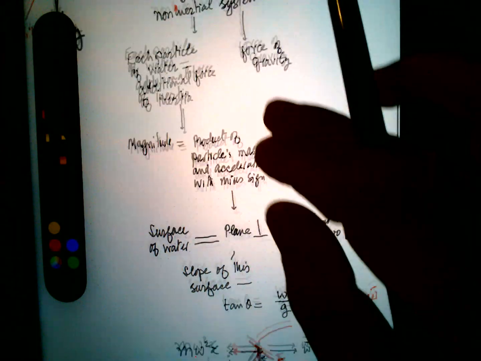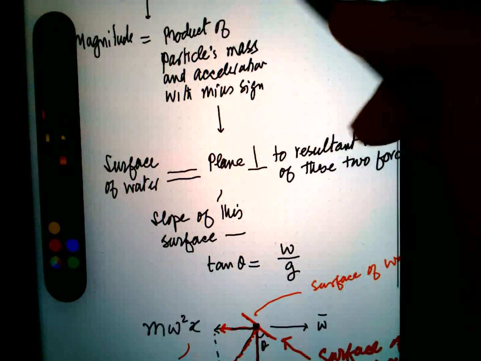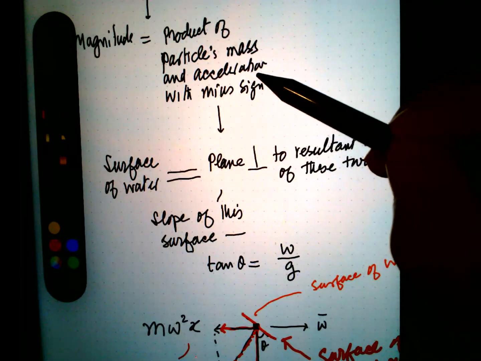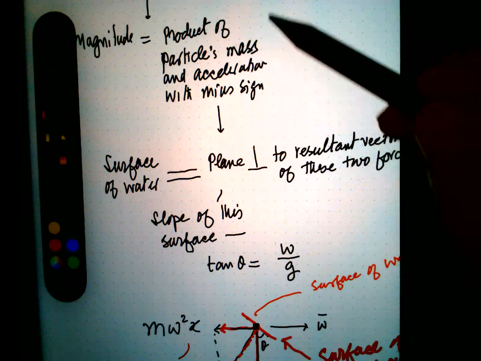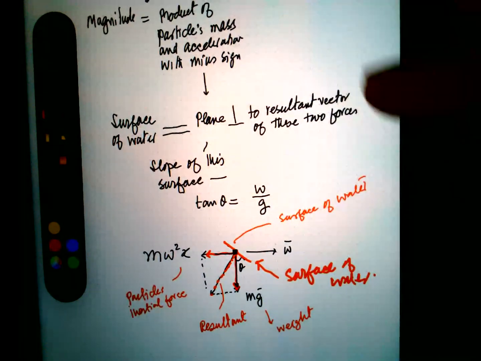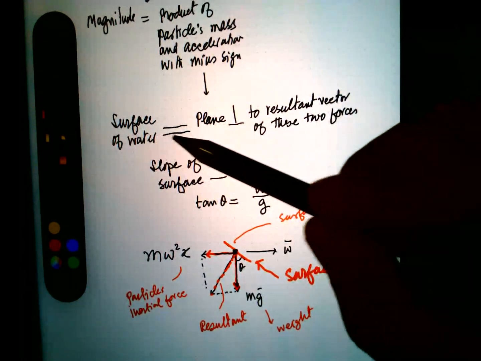The magnitude of the inertial force is the product of mass with the radial acceleration, with a negative sign, in the opposite direction.